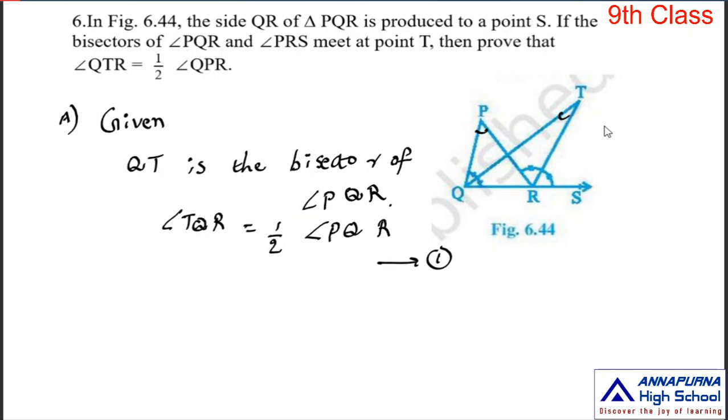See the figure, TR is the bisector of angle PRS. So these two angles, angle PRT and angle TRS, are equal.